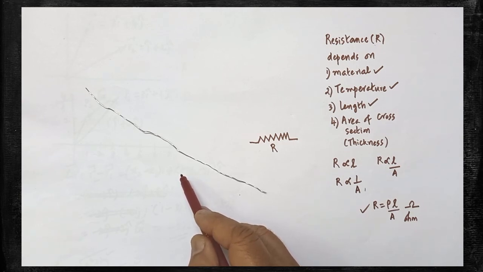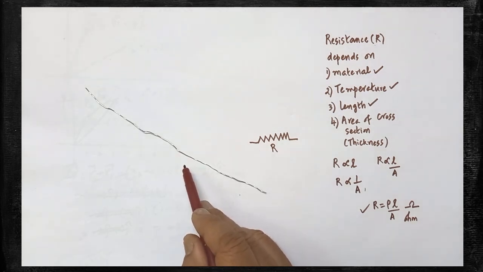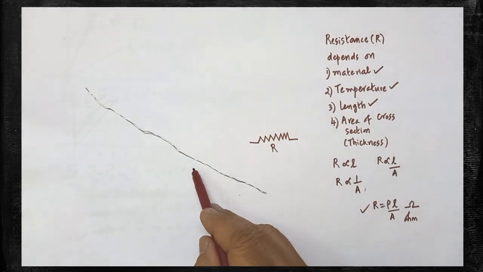In any Ohm's law experiment circuit, this nichrome will be used as the unknown resistance. Its resistance value could be found out by using Ohm's law. Don't forget, you have to remember this nichrome wire. Always this nichrome wire will be used to verify Ohm's law and also to find out the unknown resistance. So it is a very important wire, used often in the physics lab. Understood? This one will offer more resistance compared to copper. Understood?